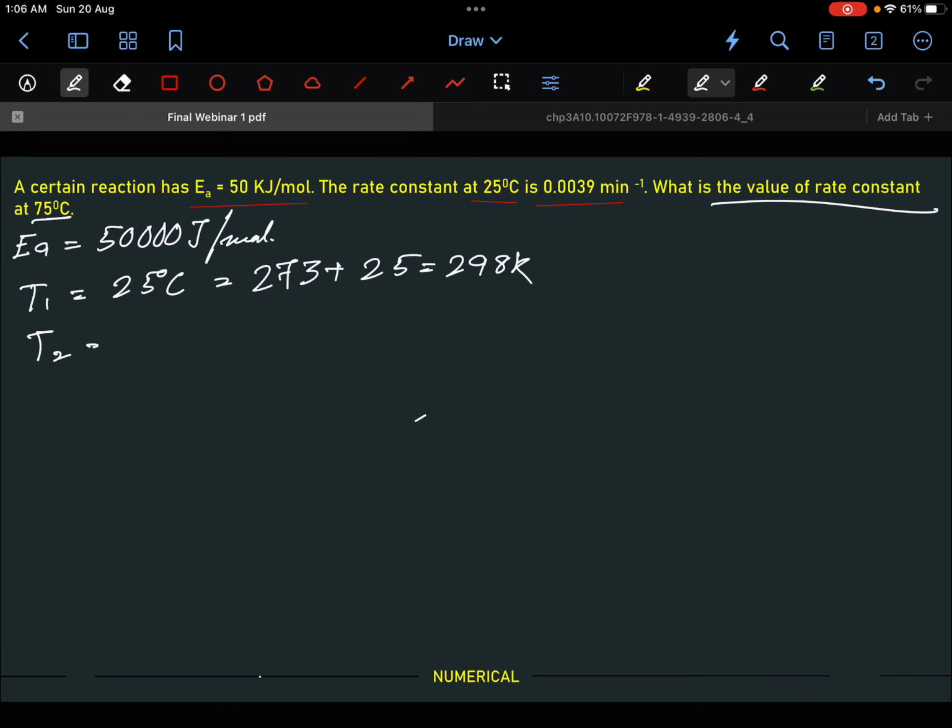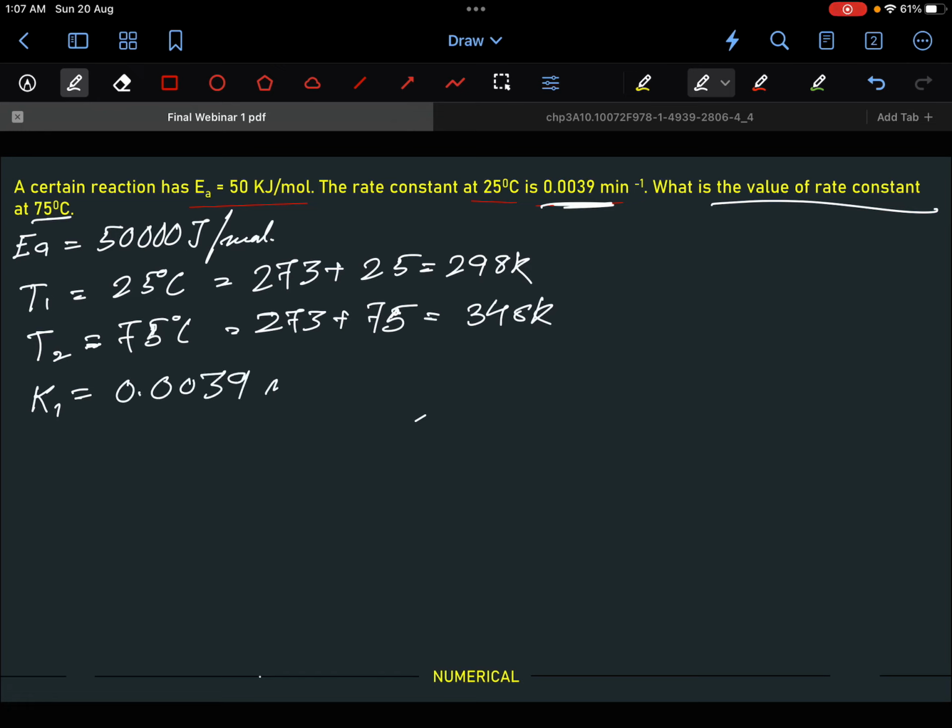So T2 is 75 degrees Celsius, equal to 273 plus 75, which is 348 Kelvin. And what else is given? This is K1, the rate constant at temperature T1, given as 0.0039 minute inverse.